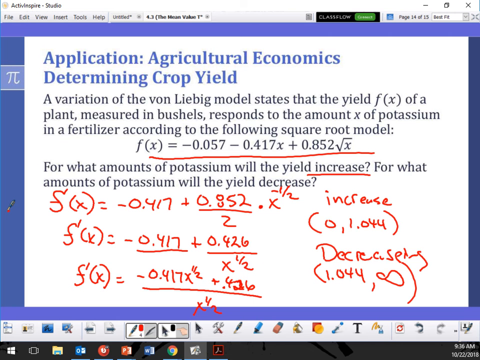All right, so what does that tell me? You can't have too much of a good thing, right? If you put too much fertilizer in, you can kill your plants. So it goes down. So it's only good up to a certain point. Is there a max? Yes. So that's going to be a maximum amount right there. So you can maximize it at that.